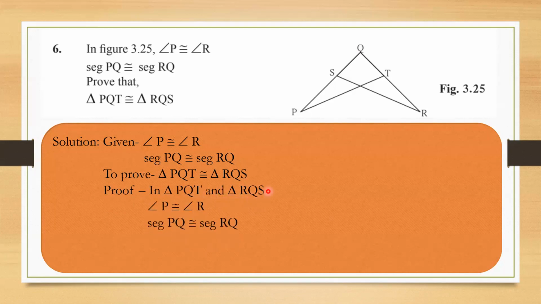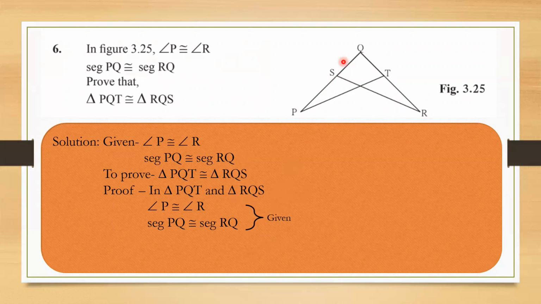Angle P is congruent to angle R. Segment PQ is congruent to segment RQ. And one more angle you can see here. You can't see a common side, but one angle is common for both the triangles. That is angle Q. You can see this corner here. It is common for the first triangle and it is common for the second triangle also. So you can write down these two things, in bracket: given.